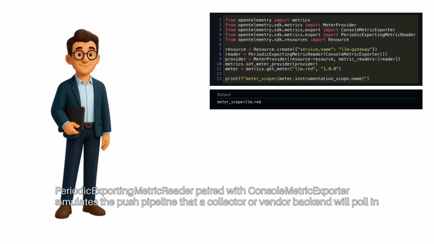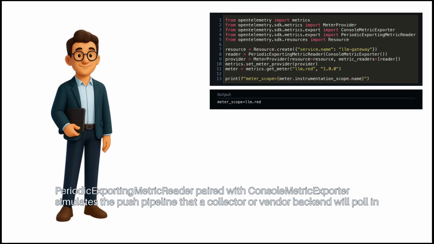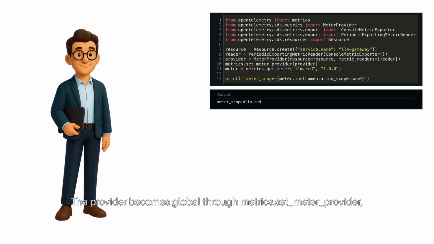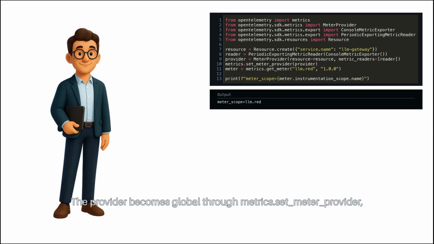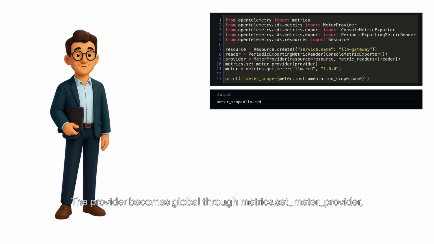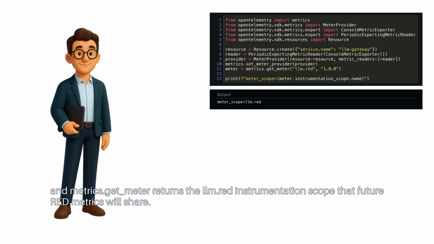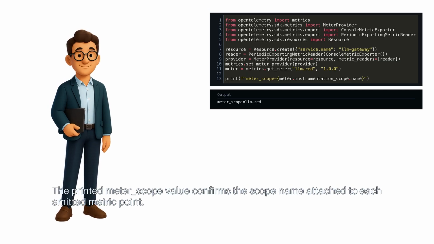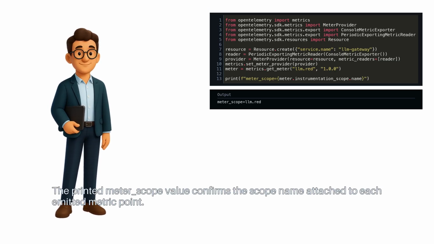A periodic exporting metric reader paired with ConsoleMetricExporter simulates the push pipeline that a collector or vendor backend will pull in production. The provider becomes global through metrics.setMeterProvider, and metrics.getMeter returns the LLM.RED instrumentation scope that future RED metrics will share. The printed meter scope value confirms the scope name attached to each emitted metric point.